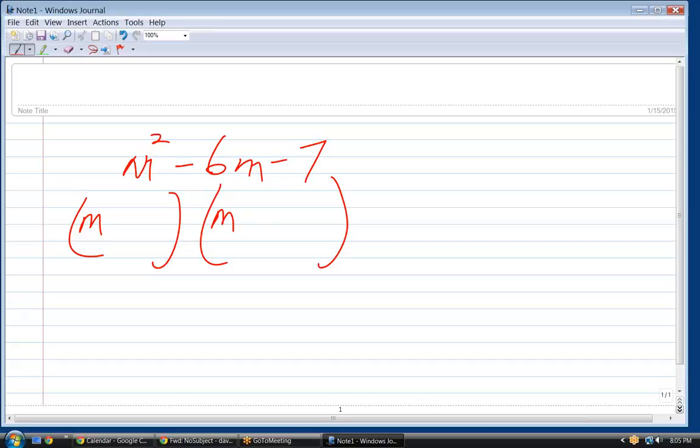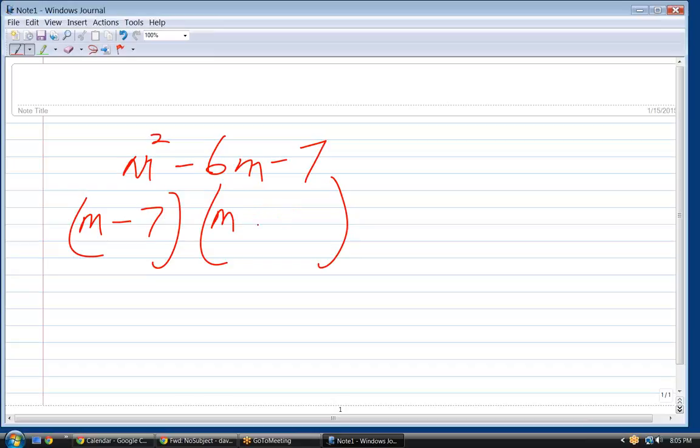So first a times c, so 1 times negative 7 is negative 7. I'm so unfamiliar with this t-chart that I'll let you do it and just give me the final answer. As long as you get it, that's great.